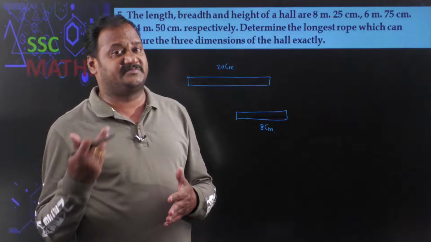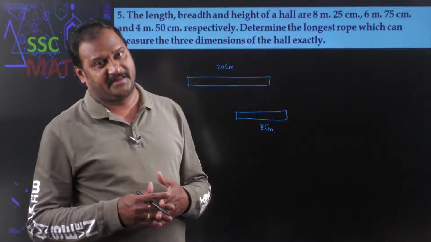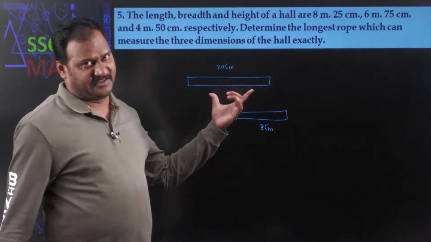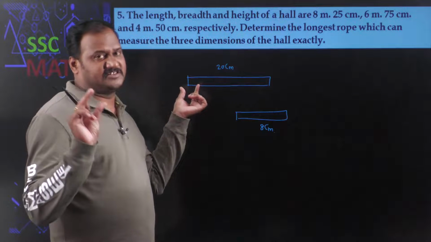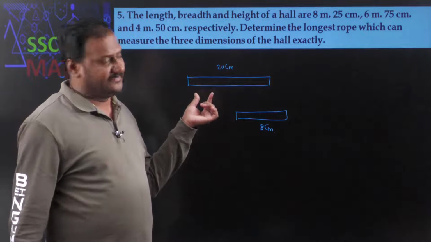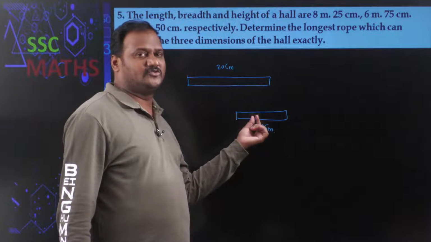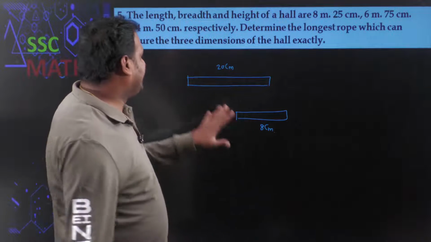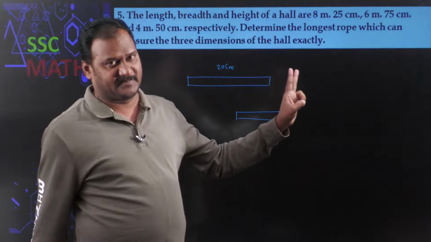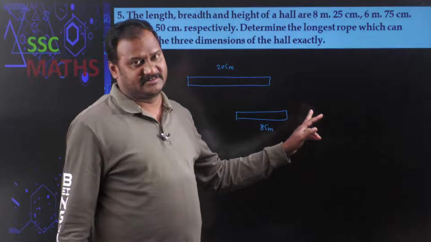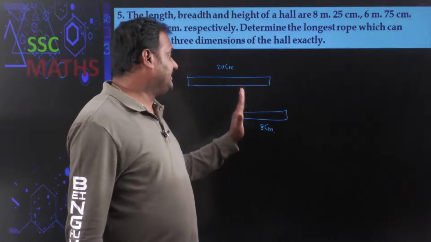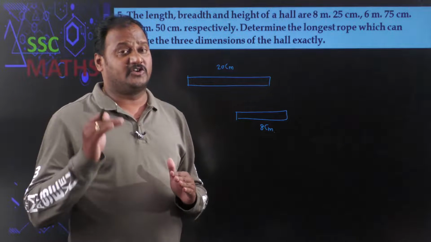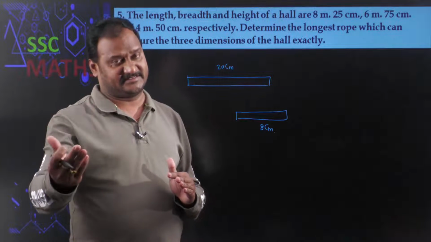Exact measurements means I will cut this into 5 pieces, for example. Now the length of one piece is equal to 4 centimeters. Then I will have to cut the other into two pieces, each equal to 4 centimeters. Suppose I cut this into 2 centimeters, then 2 centimeters and 4 centimeters both give exact lengths, but 4 centimeters will give the maximum length.